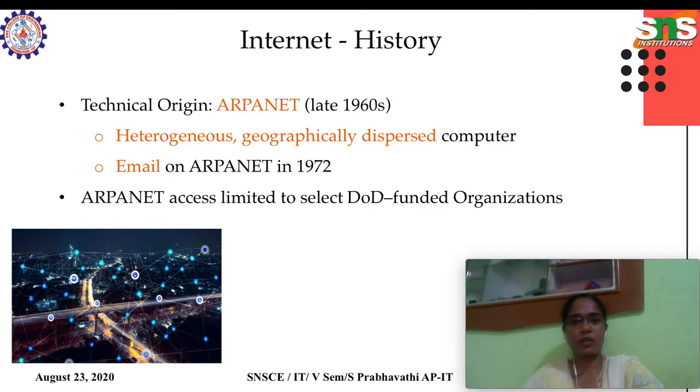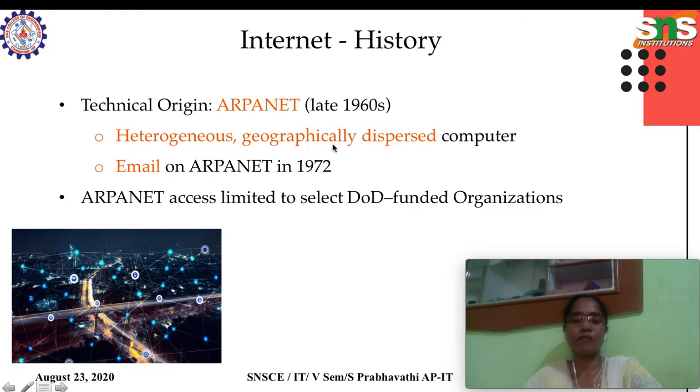There was a US-funded research project named ARPANET, the Advanced Research Project Agency Network, in the late 1960s and 70s, for the US Department of Defense. This project was created for interconnecting computer systems in a geographically dispersed area.